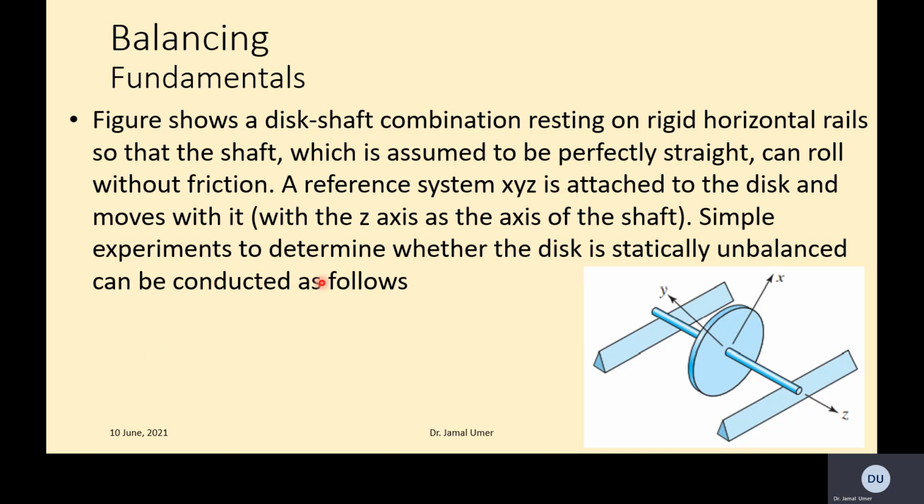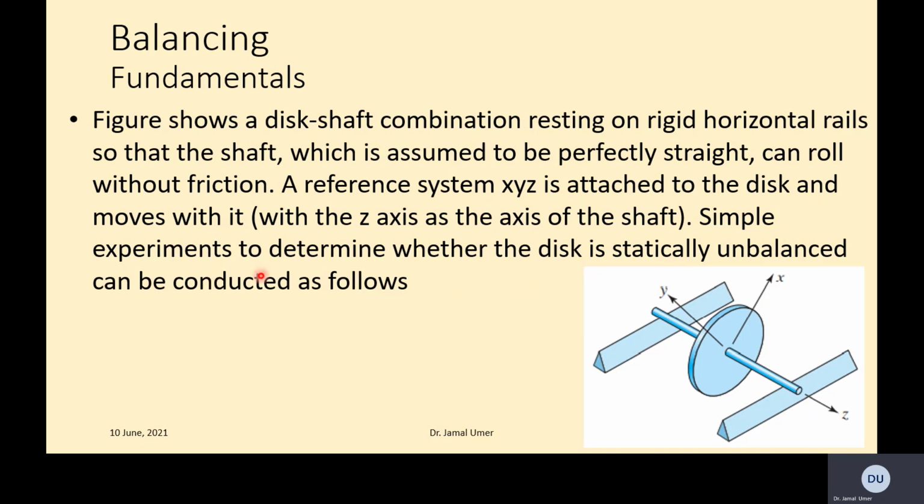We are interested in finding out whether this disc is statically unbalanced. This very simple experiment will help you establish the fundamental knowledge of what is a balanced and unbalanced situation.